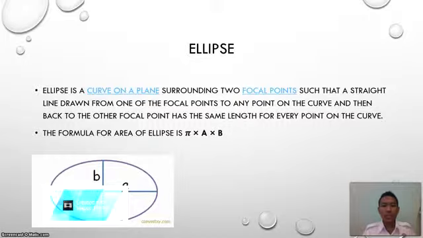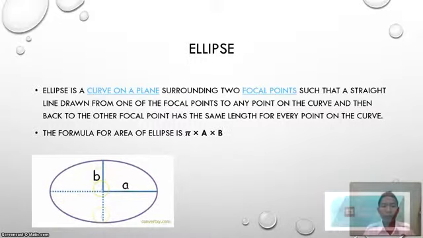You can see in that diagram all these straight lines in this ellipse. So this is what we call one focal point and two focal point, from A to B. The formula for the area of ellipse is pi times A times B.